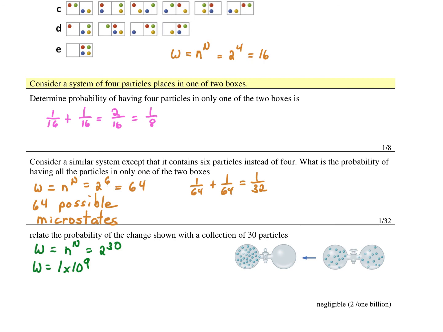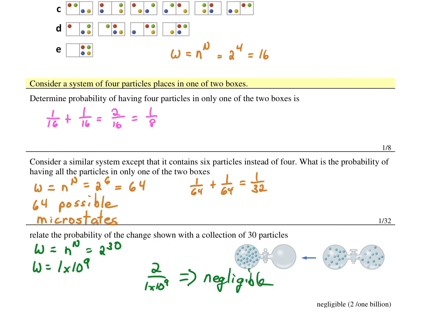So the related probability is only a 2 in 1 billion chance that all the particles will spontaneously be on one side of the box, and that is vanishingly small. Okay, we'll call that negligible.